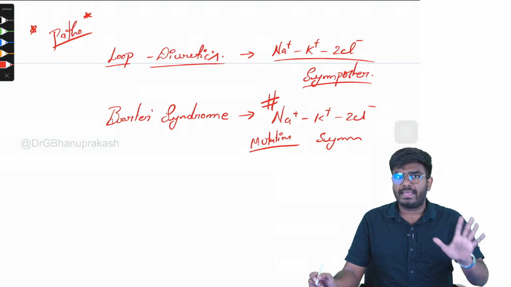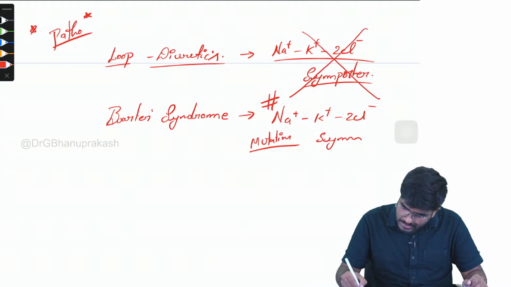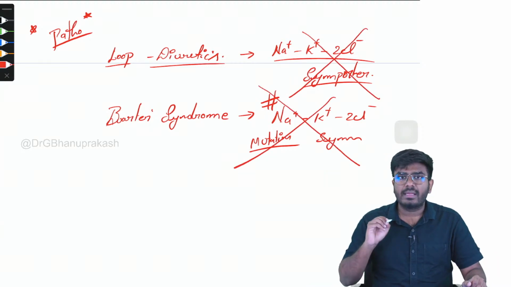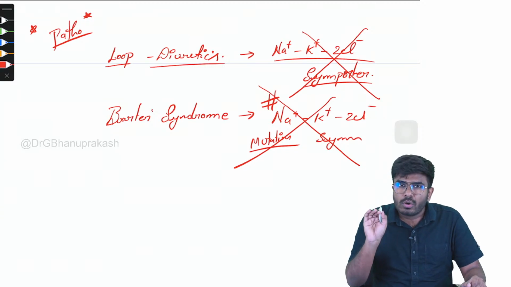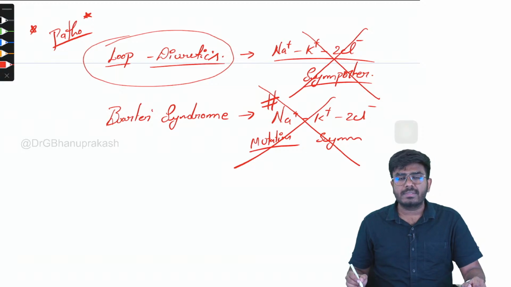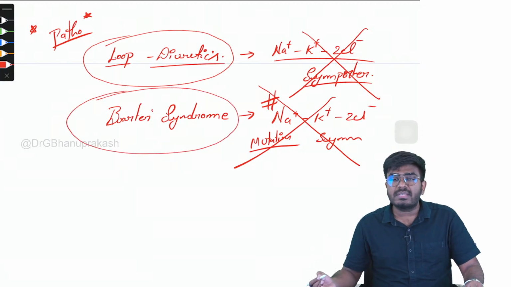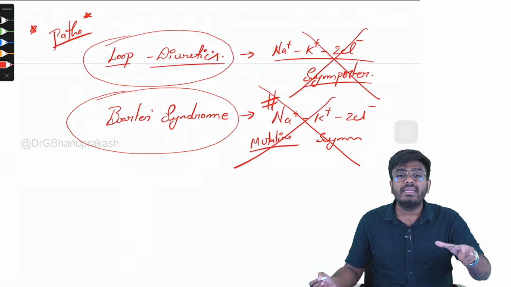So can I say in both the conditions, the same transporter is getting affected? So I can clearly say loop diuretic symptoms and Bartter syndrome symptoms will be exactly the same.